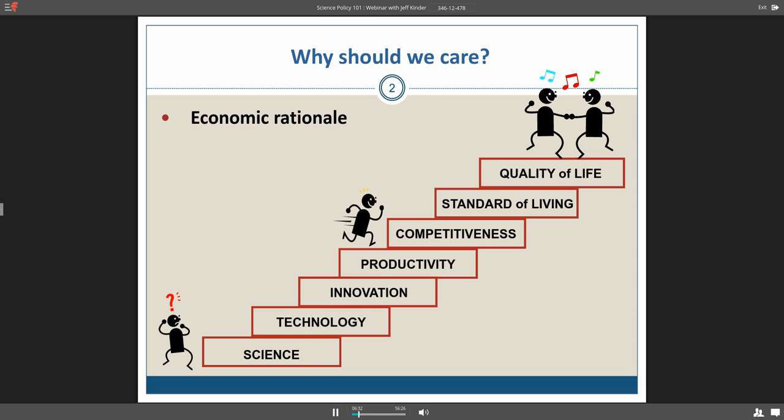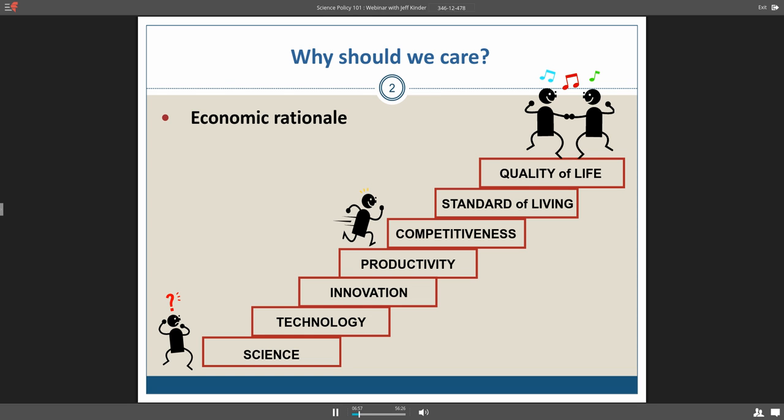the political rhetoric from our most senior decision makers is the economic rationale, and that can be captured with this idea that science and technology form sort of the foundational steps towards innovation and on up the stairway to heaven here to increase productivity, competitiveness, and ultimately improve standard of living and quality of life.